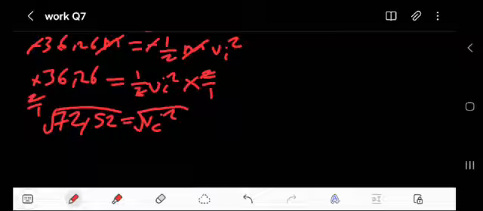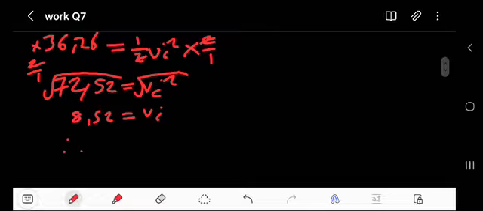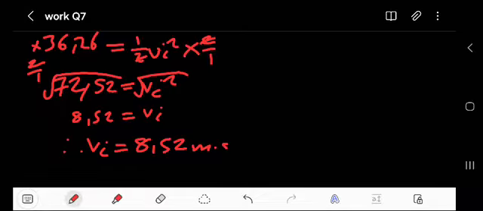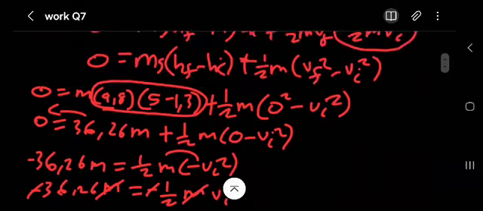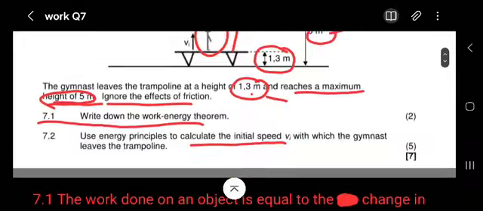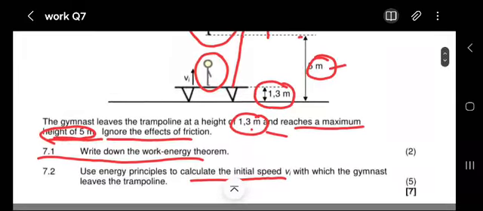This is what will be 8.52, which is vi. Therefore vi will be 8.52 meters per second, which is the initial velocity. So this is what it is. This is our v initial.